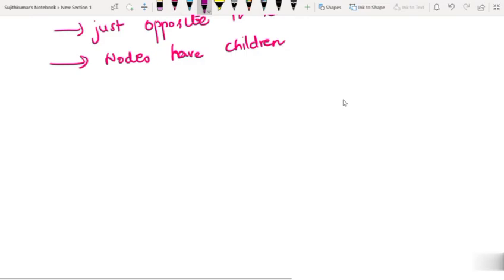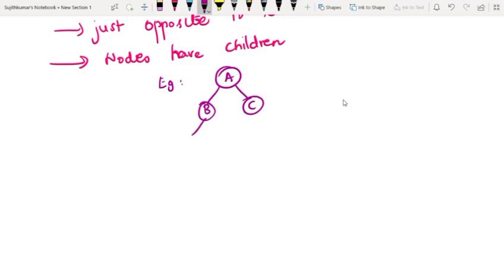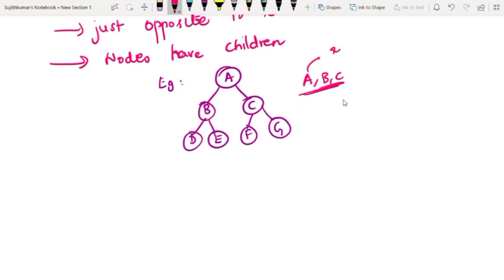And yeah, let me give you an example quickly. A, B, C, D, E, F, G. So the internal nodes here are A, B, and C. Of course, A is the root node, but that's an internal node also, right?